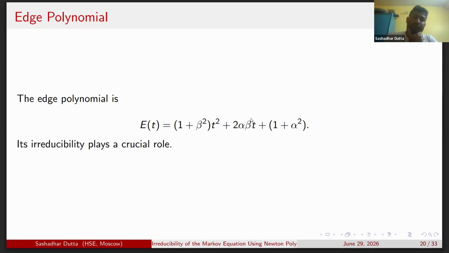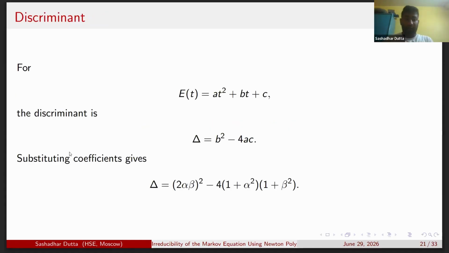Now I want to discuss the h polynomial. The h polynomial looks like 1 plus beta square t square plus 2 alpha beta t plus 1 plus alpha square. Its irreducibility plays a very important role, so I'll explain how we can do this.